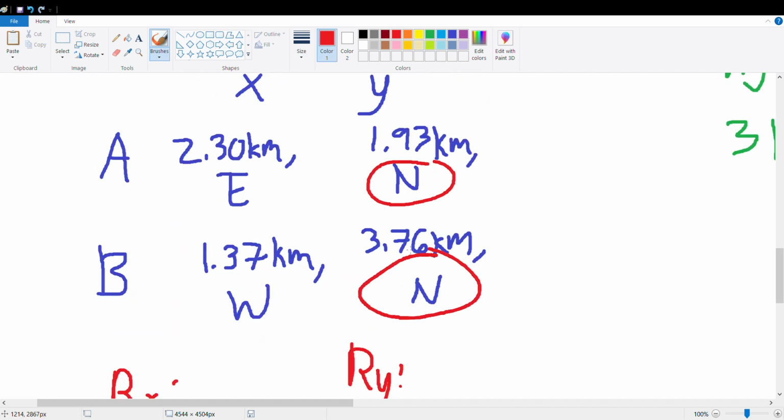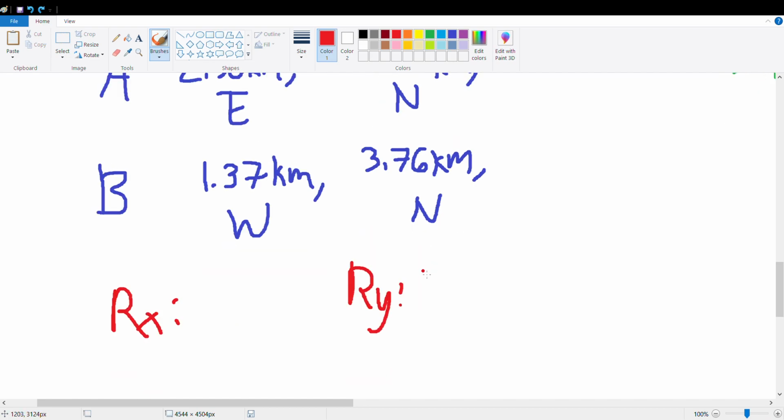So to find RX and RY, first we have to look at the direction. For Y, both are north, so we just have to add them. So 1.93 plus 3.76 kilometers is 5.69 kilometers north.